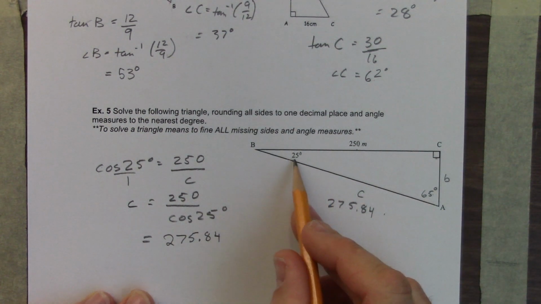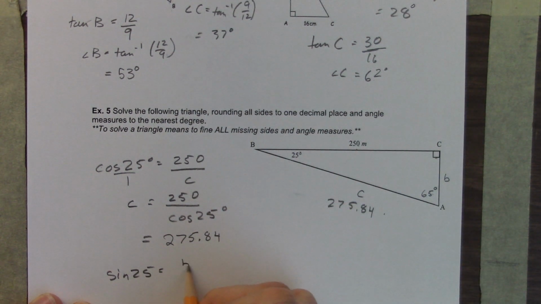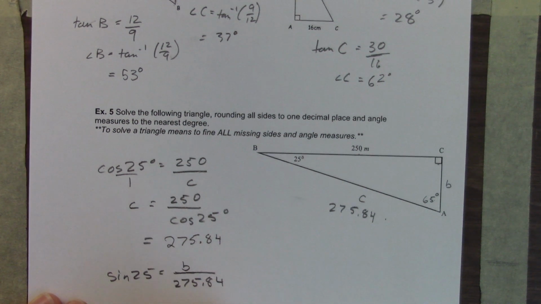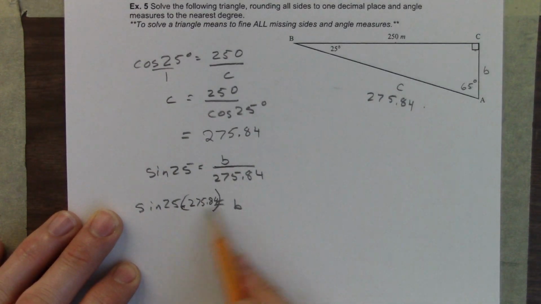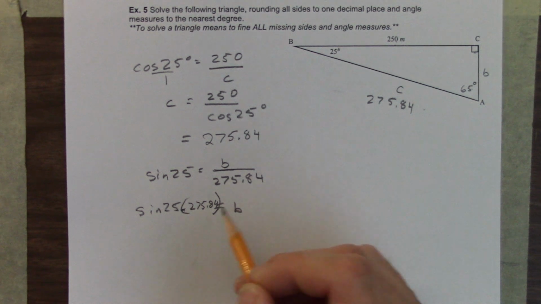Now let's go for B. We can use the same 25, but just use sine this time. Sine 25 is the opposite, which is B, over the hypotenuse, now 275.84. So we get B is equal to sine 25 times 275.84, right? What I did here was I multiplied both sides by 275.84. This cancels and it comes up here.